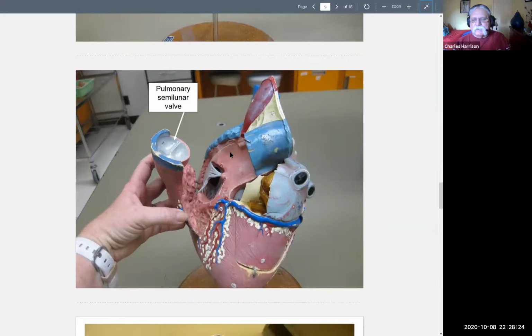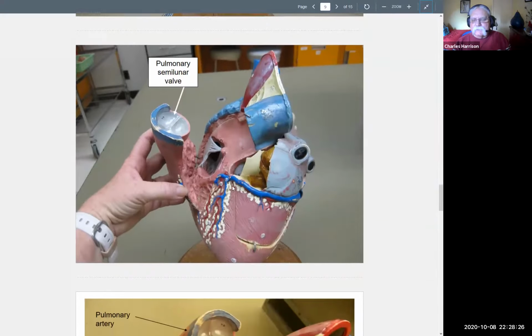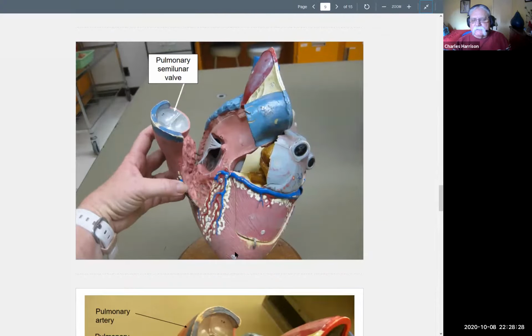Now we pull the model apart. Okay, the apex is down here. Here's that coronary sinus going back behind the heart. Here's the pulmonary trunk. This is the pulmonary semilunar valve, and swing it shut here. Okay.